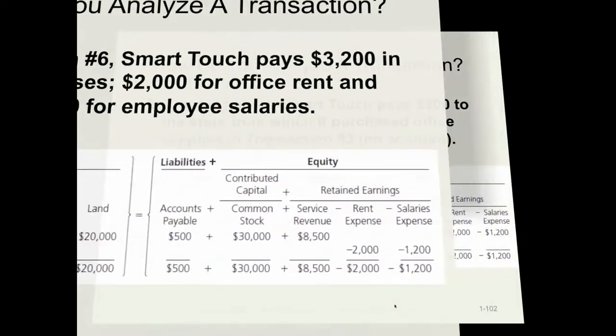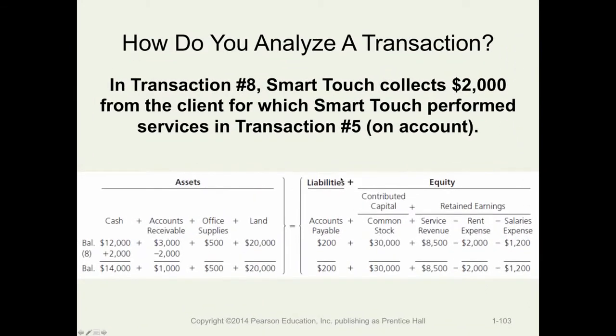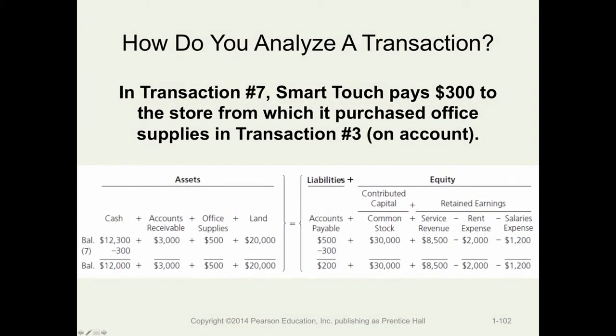Next, transaction number 7. In transaction number 7, the company is now going to pay off some of its liabilities, and it pays it off by reducing the liability, which is accounts payable, bringing it down to a balance of 200 and reducing the asset cash.